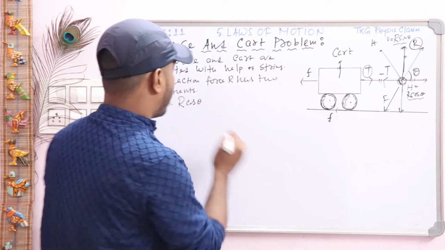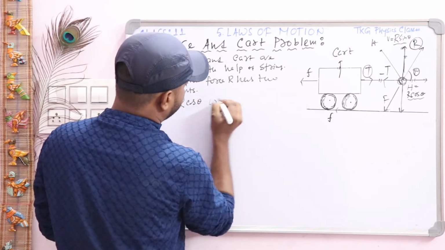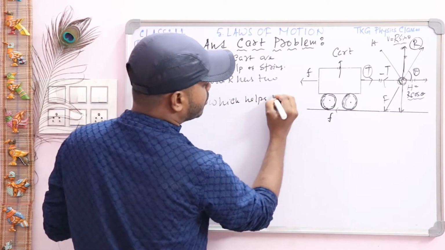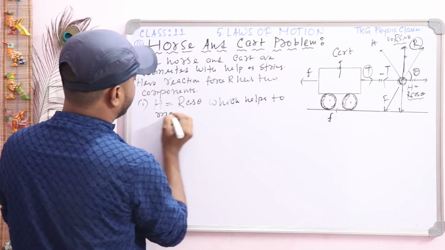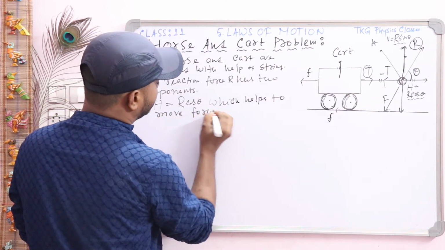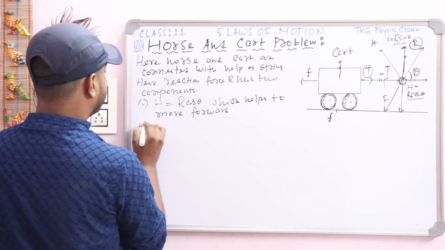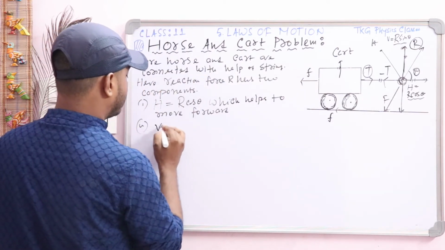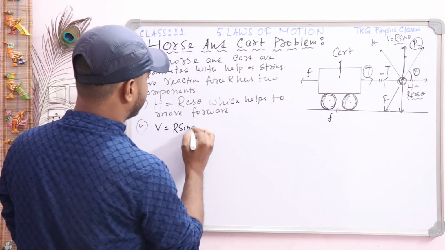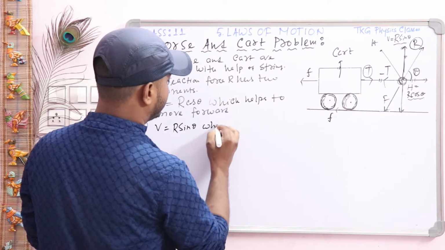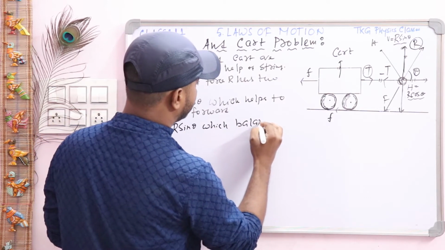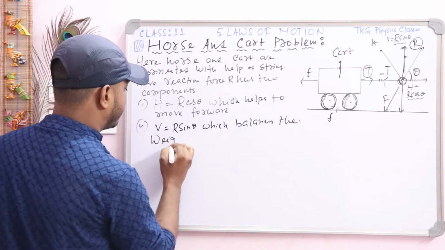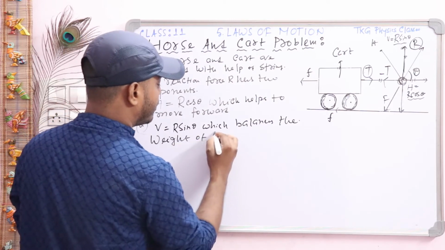Write it here: R cos theta helps to move forward, and the vertical component, that is R sin theta, balances the weight of the horse.